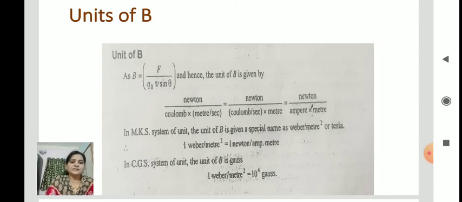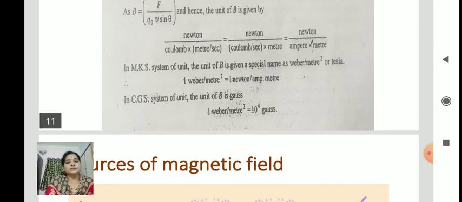The MKS unit is Weber per meter square. This Newton per ampere meter can be written as Weber per meter square, or Tesla. So Tesla is the MKS or SI unit of magnetic field induction. And the CGS unit of magnetic field induction is Gauss. Here we have to remember that 1 Weber per meter square is equal to 10 to the power of 4 Gauss.